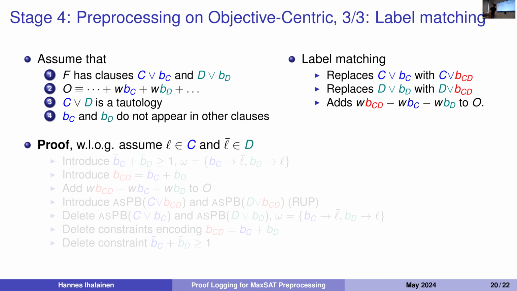So the first thing is that we introduce not BC or not BD as a clause. It basically says that we don't want to incur cost in both of these variables. And we can now use as a witness mapping BC to not L and BD to L.